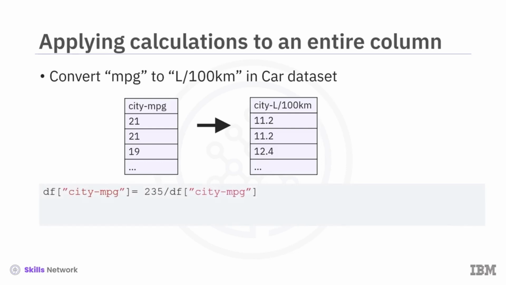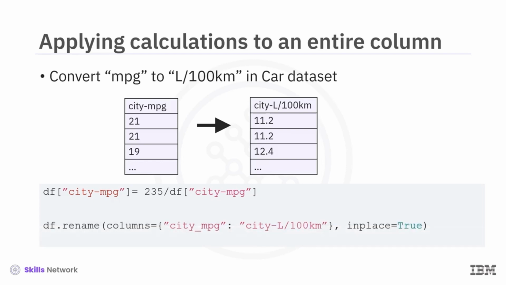To transform miles per gallon to liters per 100 kilometers, we need to divide 235 by each value in the city miles per gallon column. In Python, this can easily be done in one line of code. You take the column and set it to equal to 235 divided by the entire column. In the second line of code, rename column name from city miles per gallon to city liters per 100 kilometers using the data frame rename method.